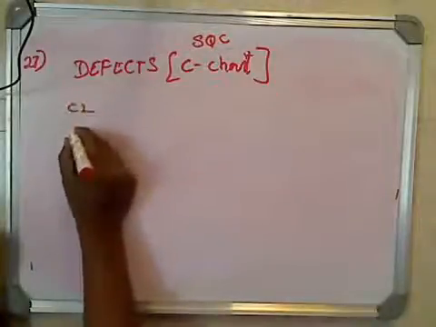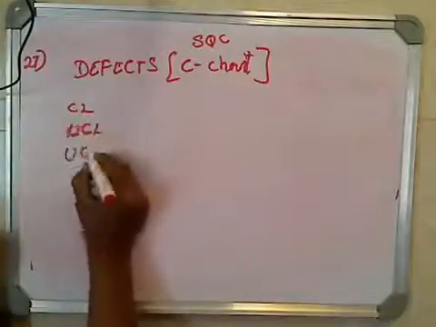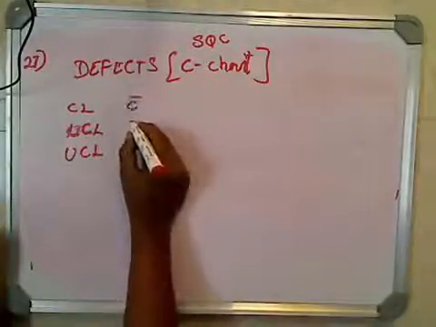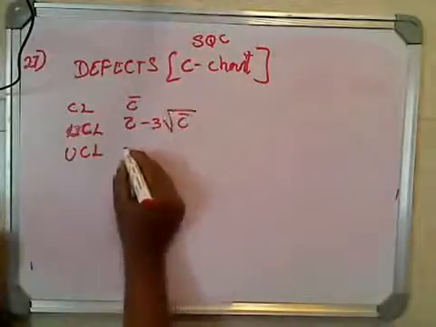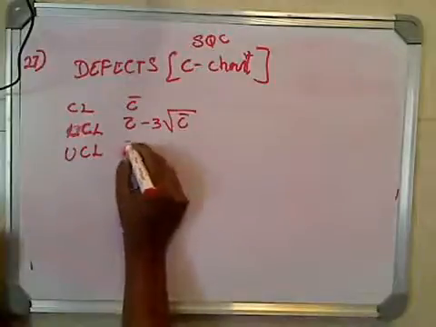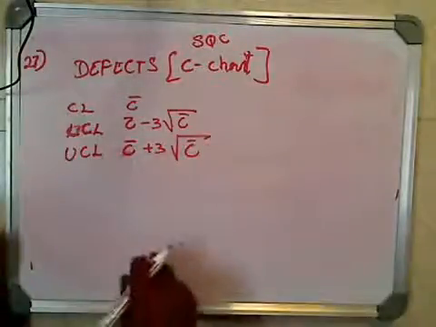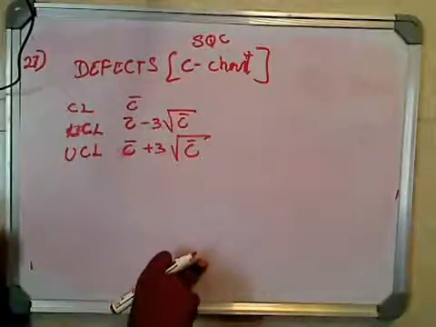So because it's not given, I end up using this formula. That would be CL, LCL, and UCL: C, C minus 3 square root of C, and C plus 3 square root of C. Okay, so how do you end up calculating the value of C?